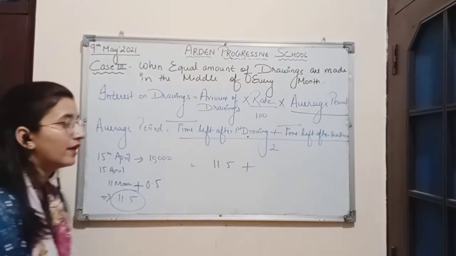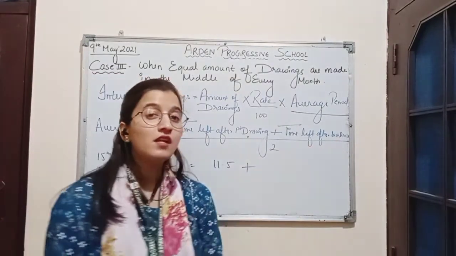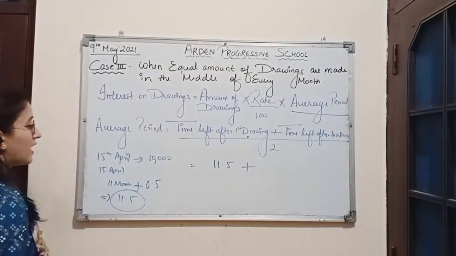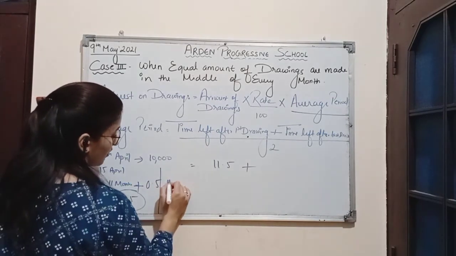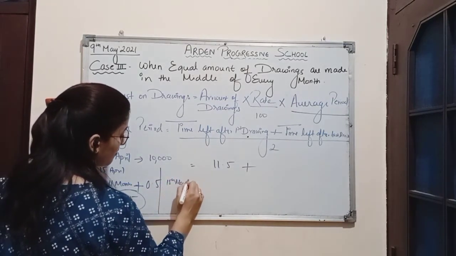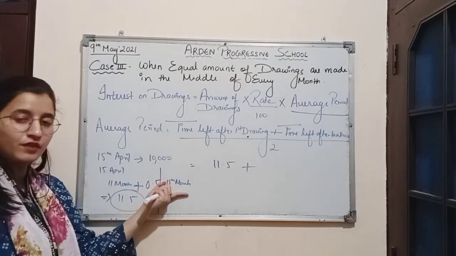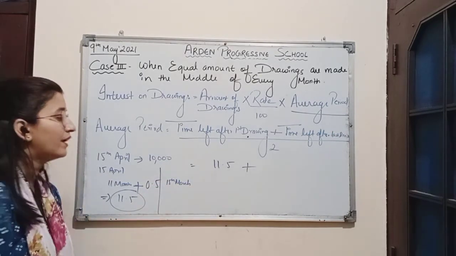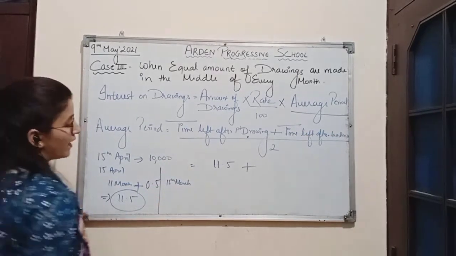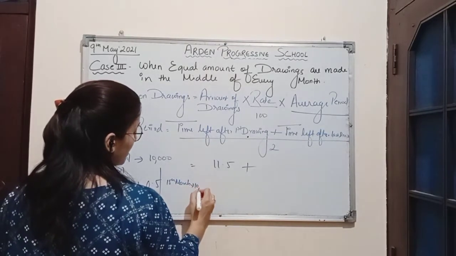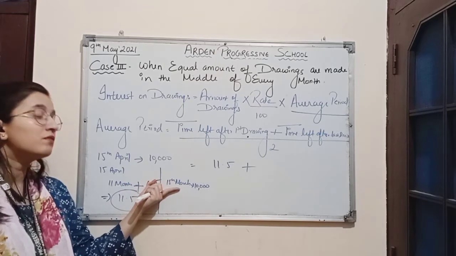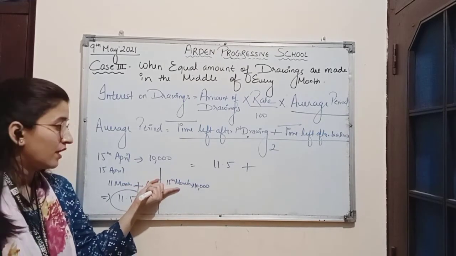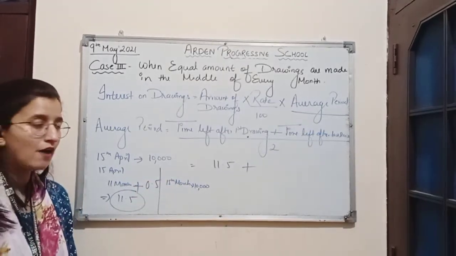Then we will calculate the time left after last drawing. So last drawing of the partner will be on 15th March. This is the end of the year. So in the middle of the end of the year, which is 15th March, partner again has withdrawn the amount 10,000 as drawings. Now from 15th March to 31st March, the remaining time is half month.